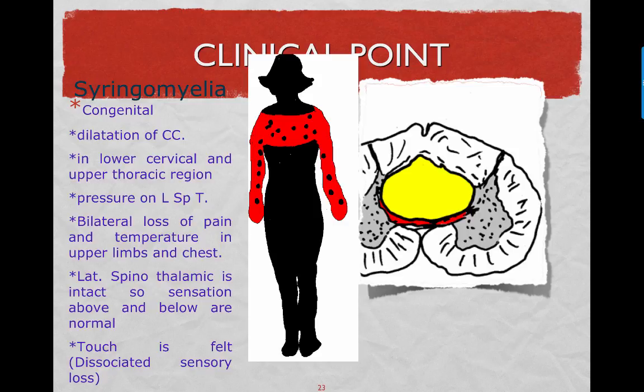They are passing with the gracile and cuneate in the dorsal column of white matter.